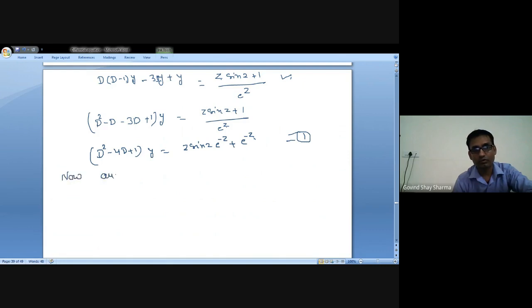Now we write the auxiliary equation: m square minus 4m plus 1 is equal to 0.